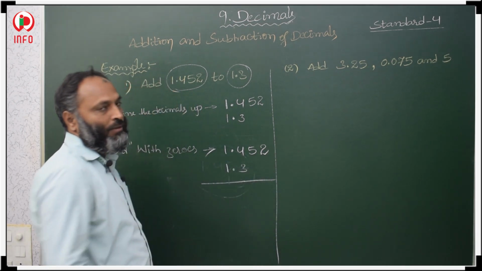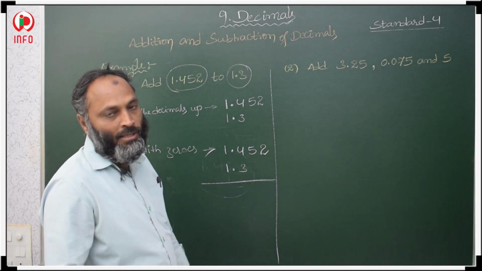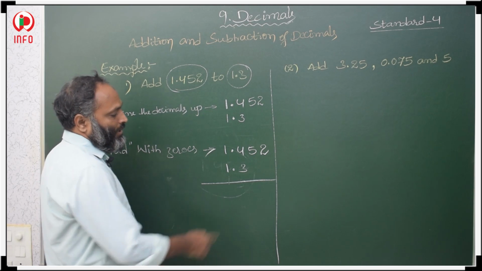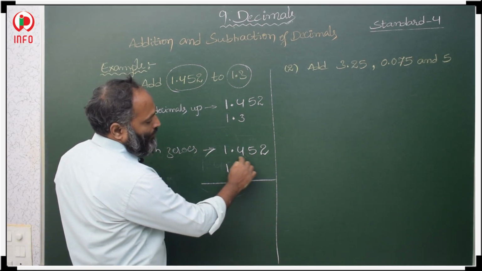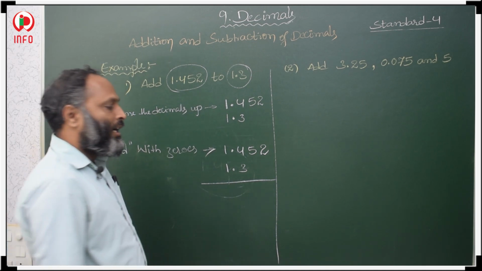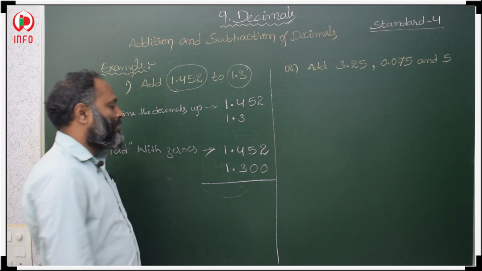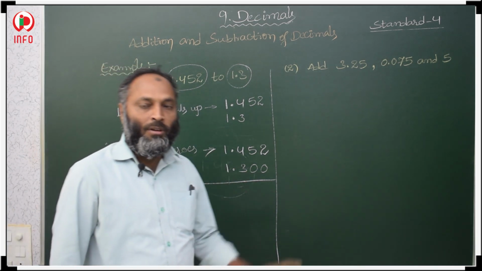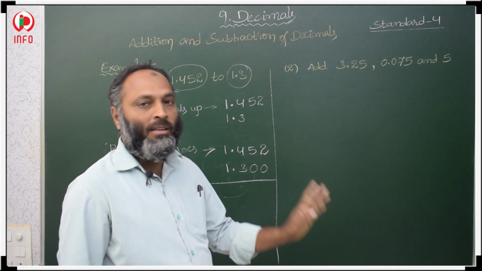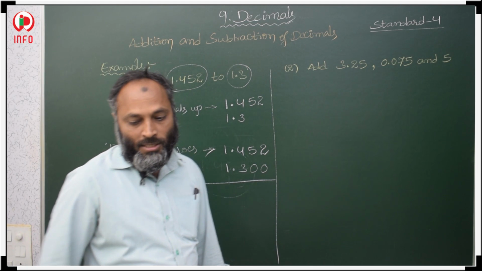Here we have 3 decimal places and there only 1, so we have to keep 2 zeros. Adding zeros to convert to like decimals is called padding with zeros.